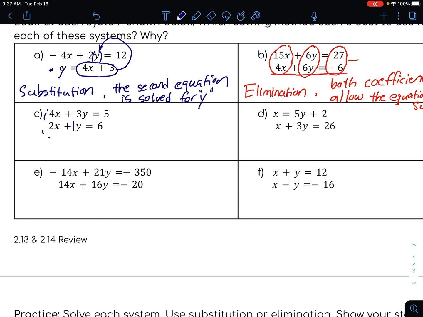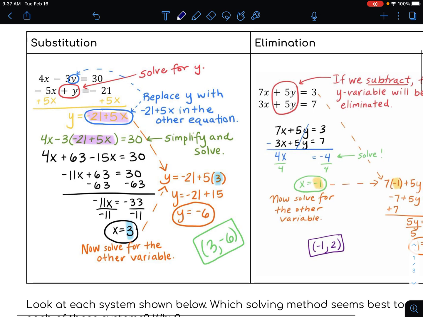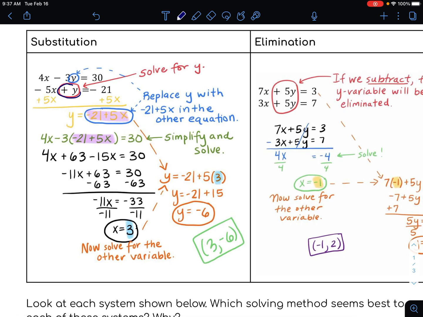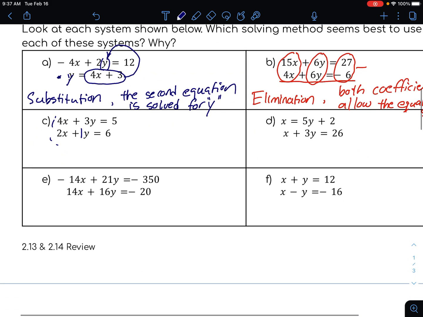Now in this case, what we may need to do is what we did up here in the example for substitution, in that you have the same sort of situation in which you don't have one of the equations solved for y or for x, but you can change one of the equations to make it into an equation solved for y. And that's what we would do here. In the second one, we'll notice that 2x plus y equals 6. So if we subtract 2x from both sides, then we rearrange the equation.